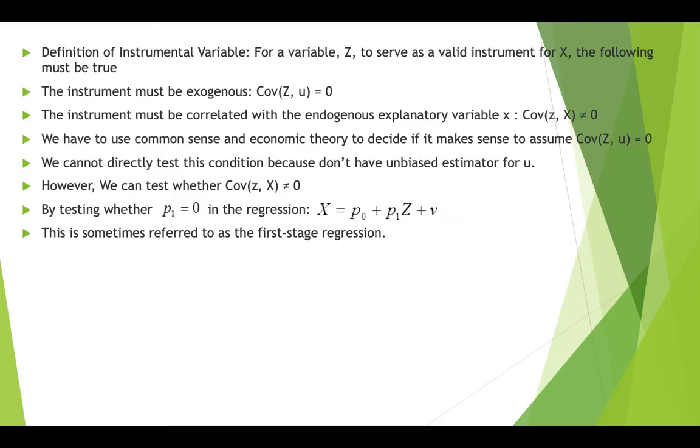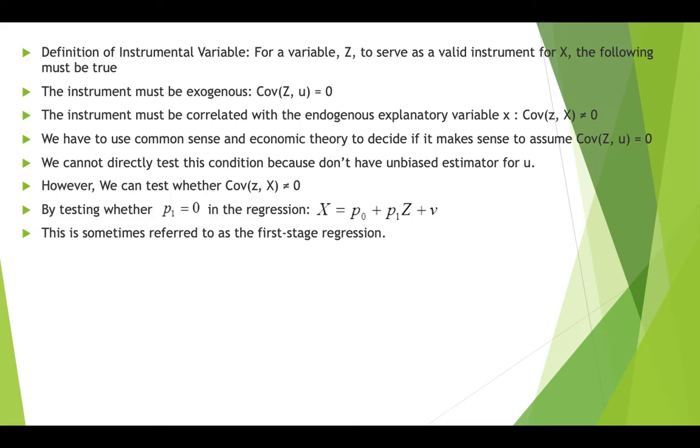For any variable Z to serve as a valid instrument for X, the following must be true. First of all, the instrument must be exogenous, that is, covariance between Z and U must be equal to 0. The instrument must be correlated with the endogenous explanatory variable, that is, covariance between Z and X must not be equal to 0.